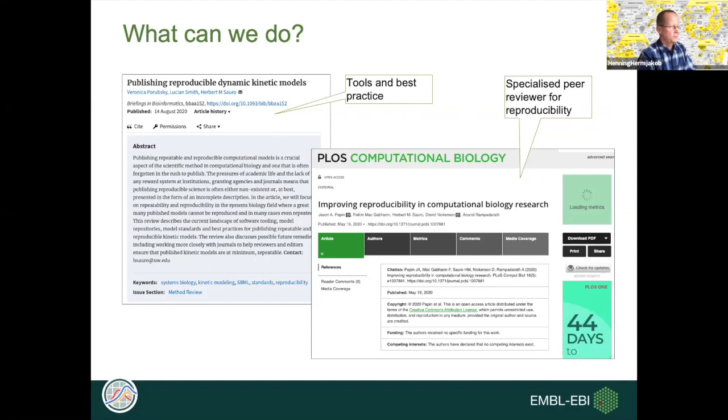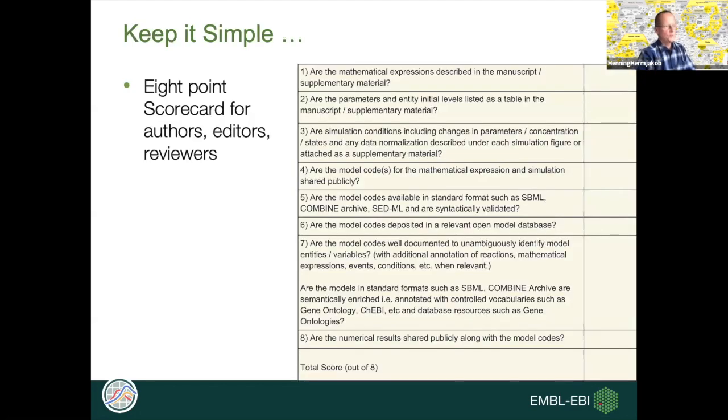As a lesson from the study, what we propose is a very simple 8-point scorecard, which we hope can be used by authors, editors, and reviewers. Personally, I don't have the best experience with very complex validation and assessment schemes.